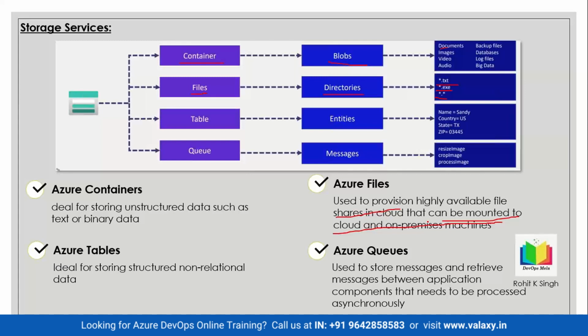Now if you want to do the same thing in a data center, you need to go and buy a storage first, a network storage. You need to attach that network storage to your data center, then mount it to your servers, and if the storage is full, you need to go and procure more storage. That's a big headache. Now with cloud, you don't have to do anything. You can simply create a file share, select a storage of 100 GB, and attach that storage to your server.